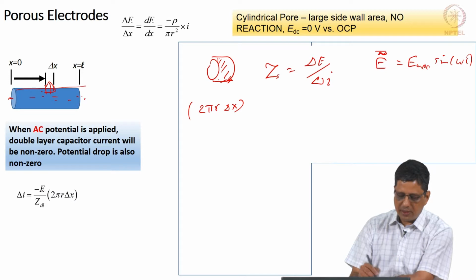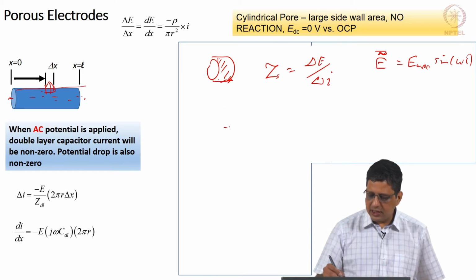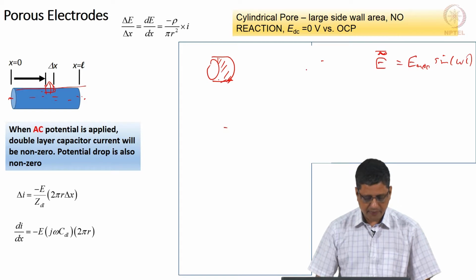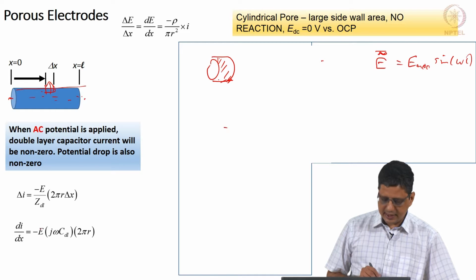That is given by potential by impedance. Now, if I shrink the del x to 0, at that limit I can write it as dI by dx. E is kept as E, remembering it is an AC potential.